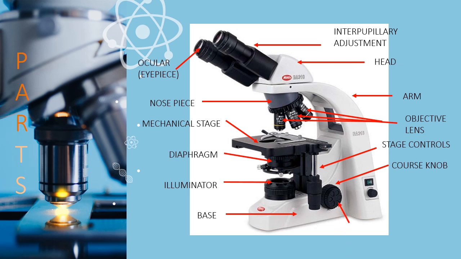And this is the fine knob, used to fine-tune the focus of a specimen in conjunction with the coarse knob. This is the light switch to switch on the lights, and last but not least is the brightness adjustment, where you can adjust the brightness so it is suitable for your vision.